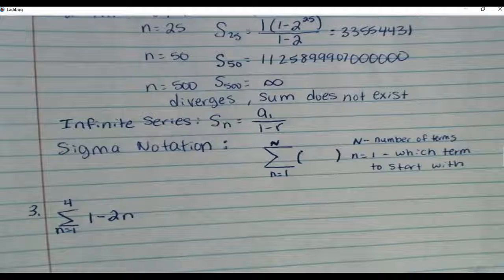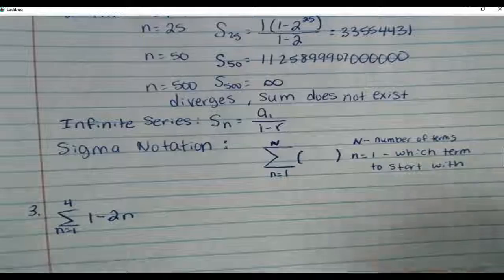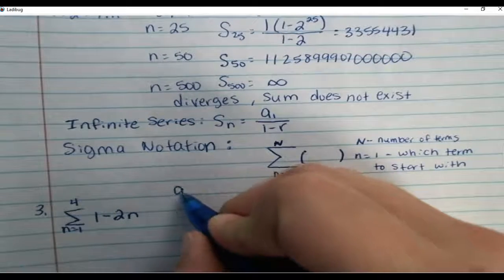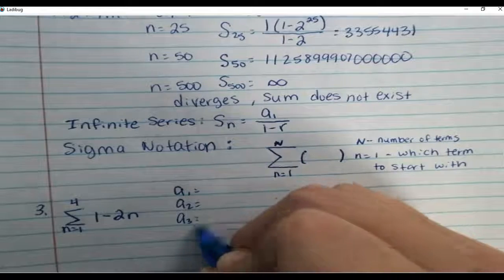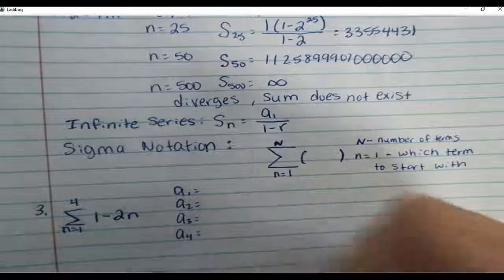That's a terrible looking sigma compared to my first one. Okay, so we want to find the sum of the first 4 terms. We're starting with the first term. So we need to find A1, A2, A3, and A4.